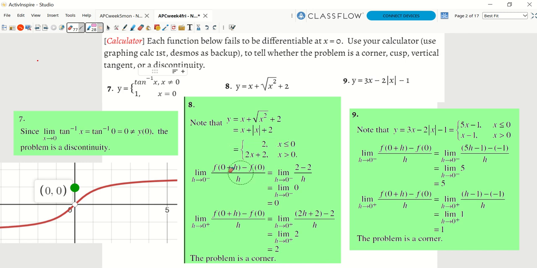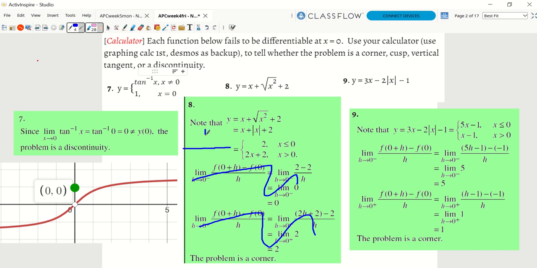Now honestly, especially because this is a linear function, I actually think that this is completely unnecessary. You know the slope.